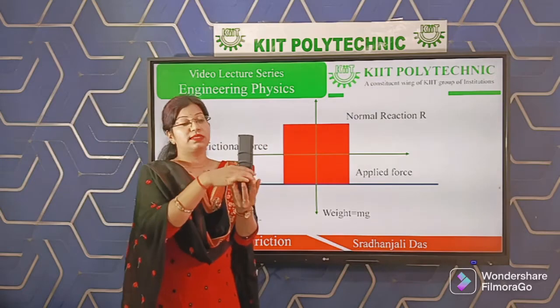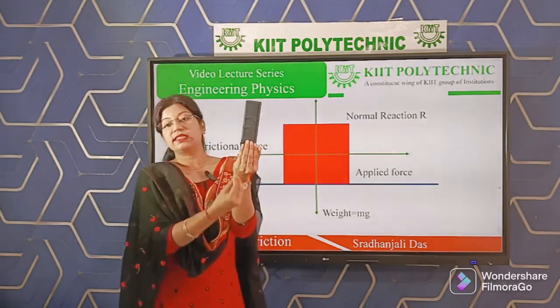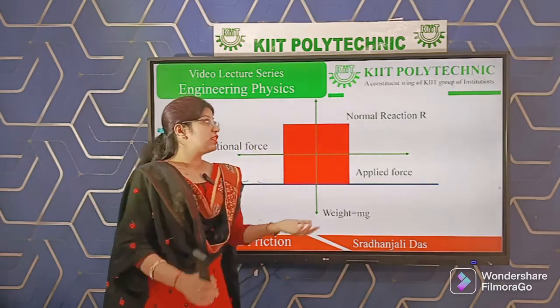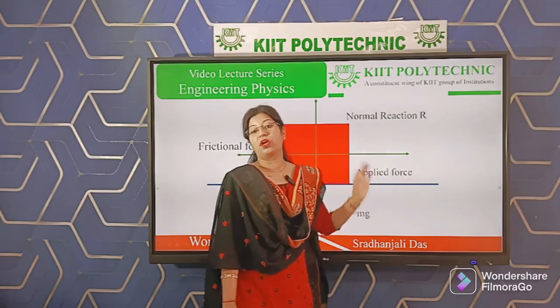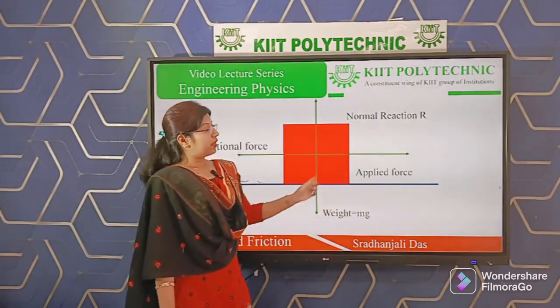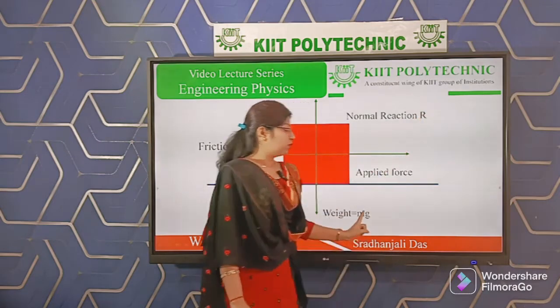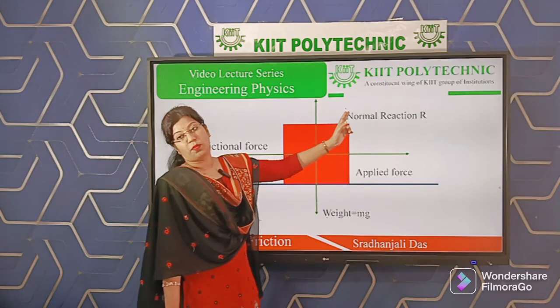The force which acts perpendicular to the given surface and balances the weight of the body is known as the normal reaction, denoted by the symbol R. While solving numericals, you can put R equal to mg, since the weight of the body is balanced by the normal reaction.